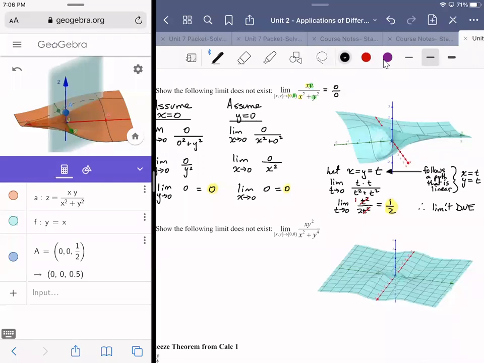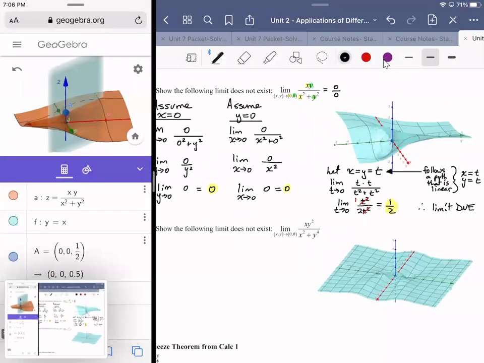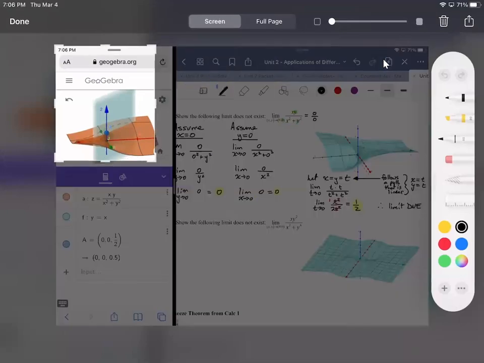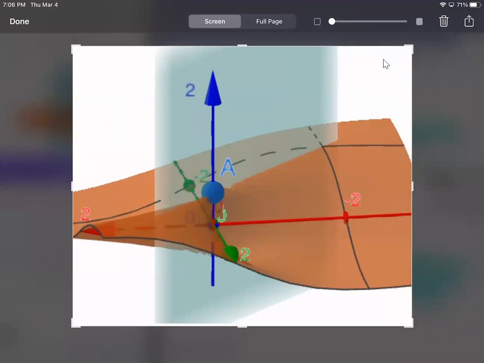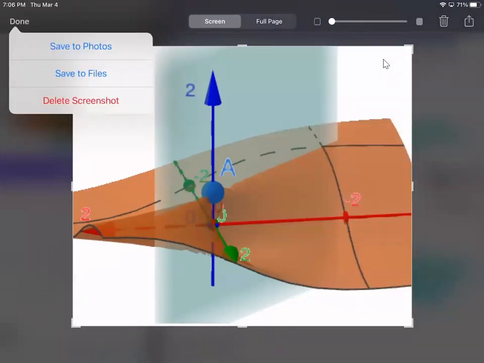Because not all pathways, and you can hopefully agree that the intersection of this plane, y equals x, is on the surface. We could follow this pathway. I can bring that in, mark it up a little bit, show you. I'll save it.